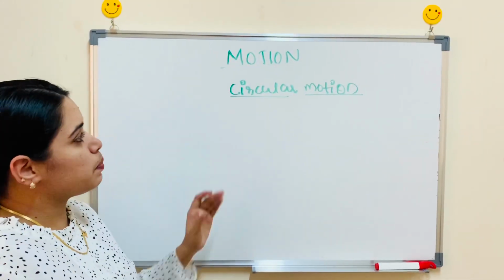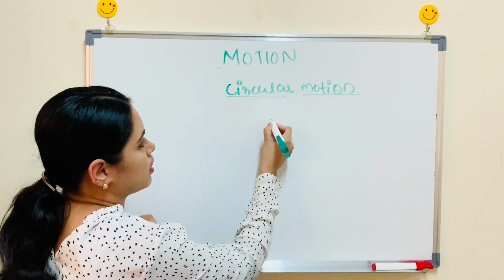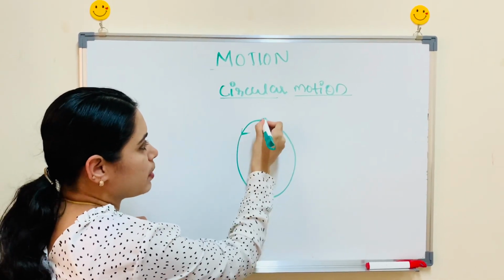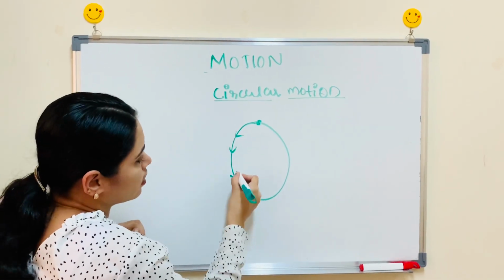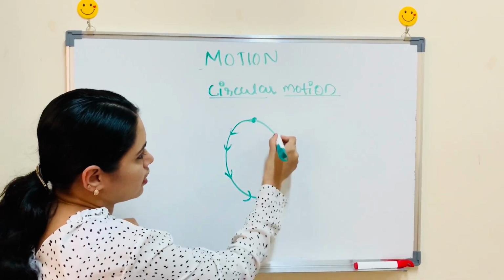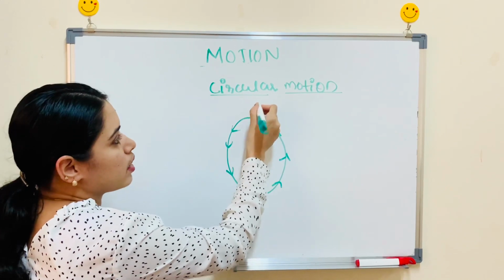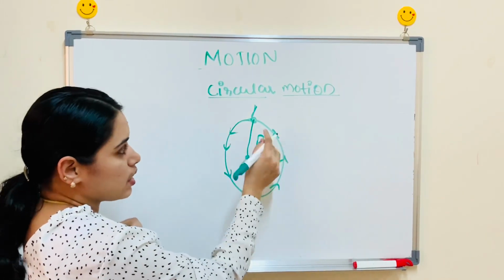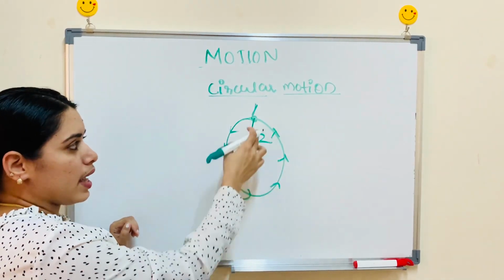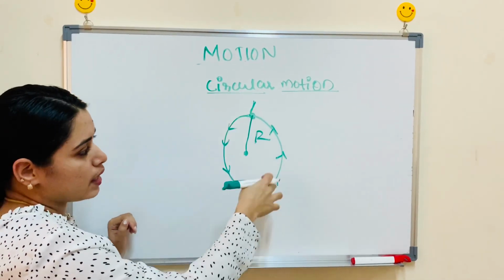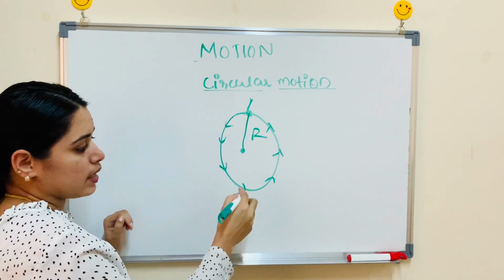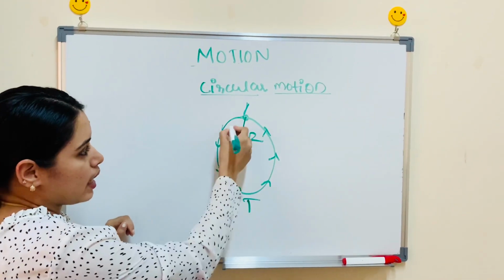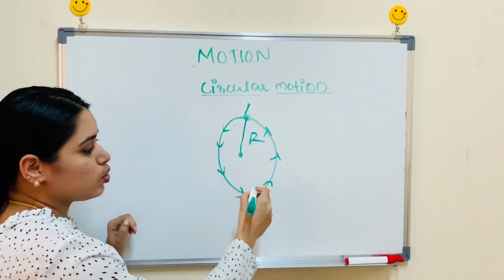The next concept is circular motion. Suppose an object is traveling from here in this point and it is covering this entire circle and it again reaching this point, and here the radius of the circle we are taking as r, and the total time covered by that object to travel this circular path is the time period t, and the total distance, what is the total distance here?